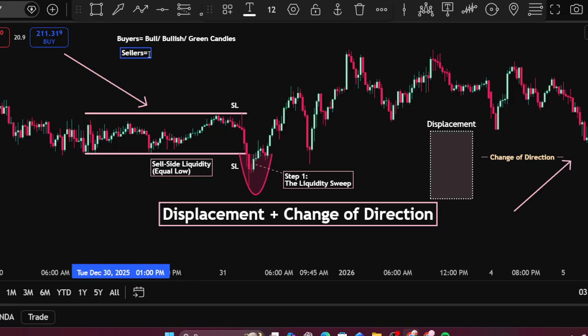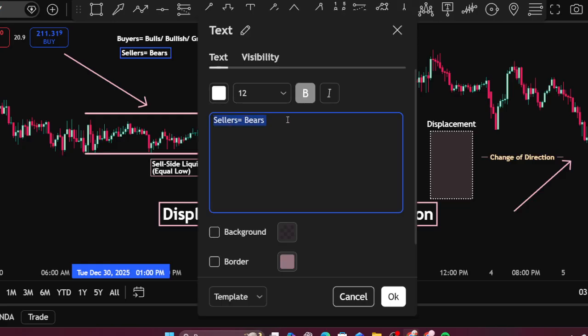And then the sellers, which we're not really talking about today, but this is just for the vocabulary, are the bears, bearish, or the red candles.